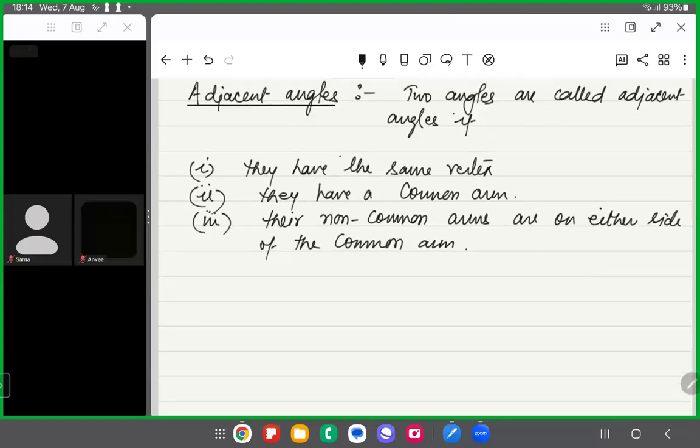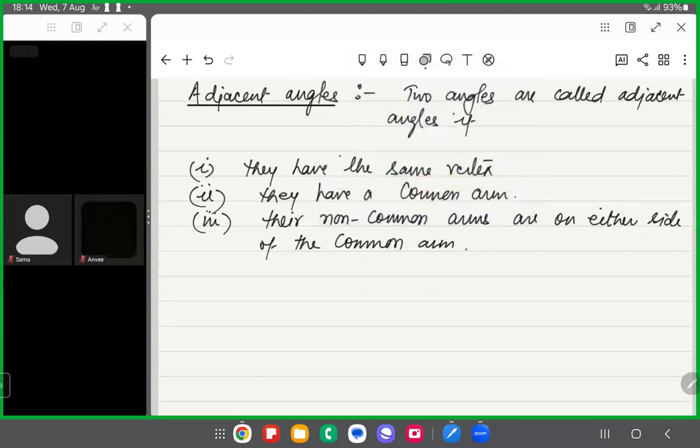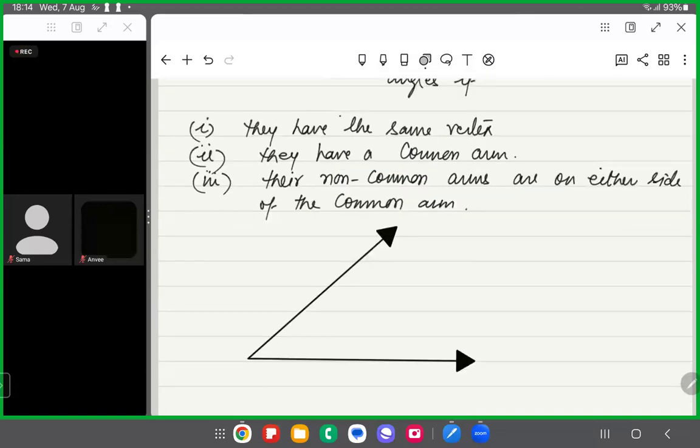For example, let's see what adjacent angles are. Suppose you can see there are two angles, AOC and COB, this angle and this angle.